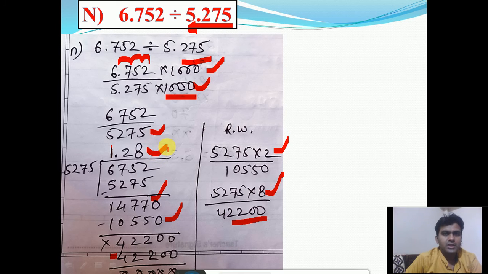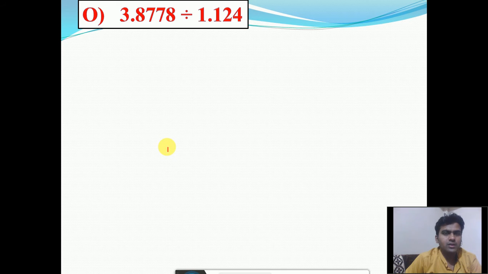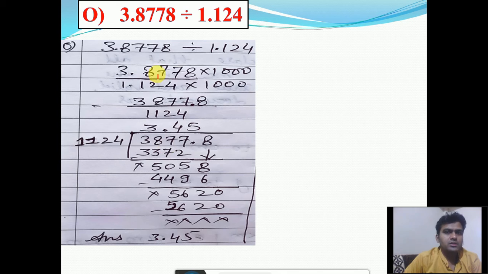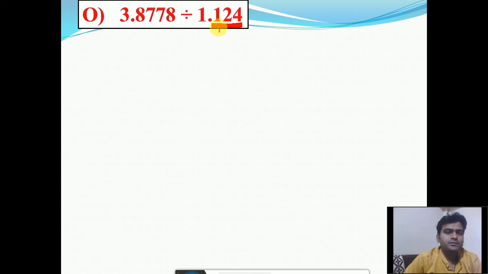I hope you understood this. Like this you can solve this question also. Question number O, the fourth. Here also the divisor is a decimal number, and the decimal point is placed after 3 places.